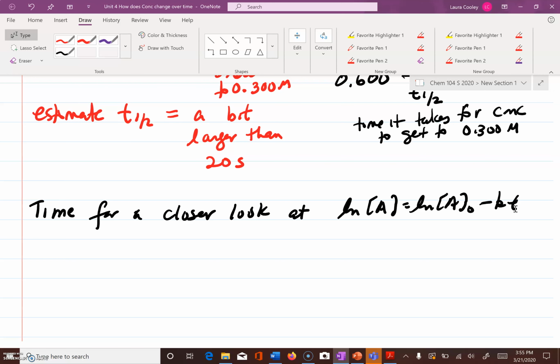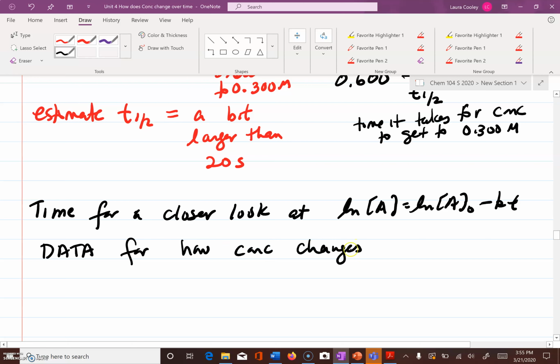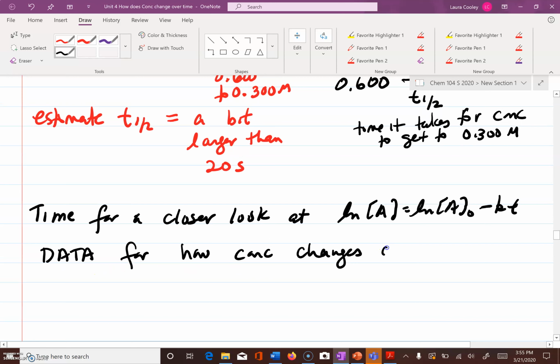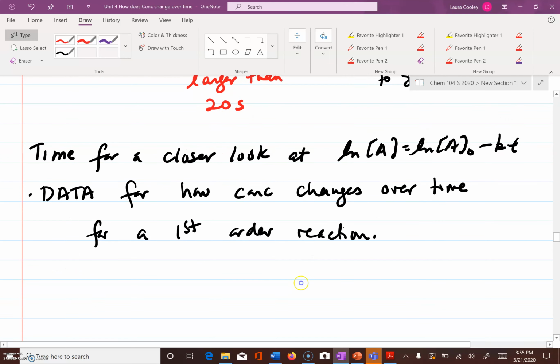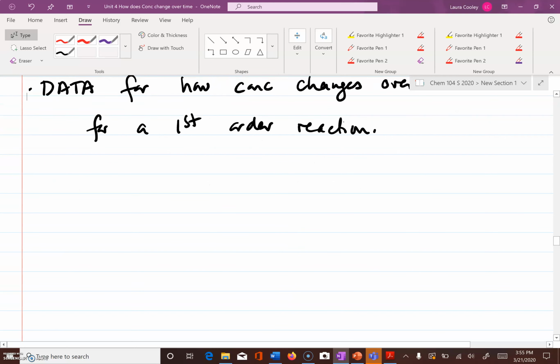Suppose we were able to take data for how the concentration changes over time for a first order reaction, because remember, this equation is only valid for a first order reaction. And how would we get this data?